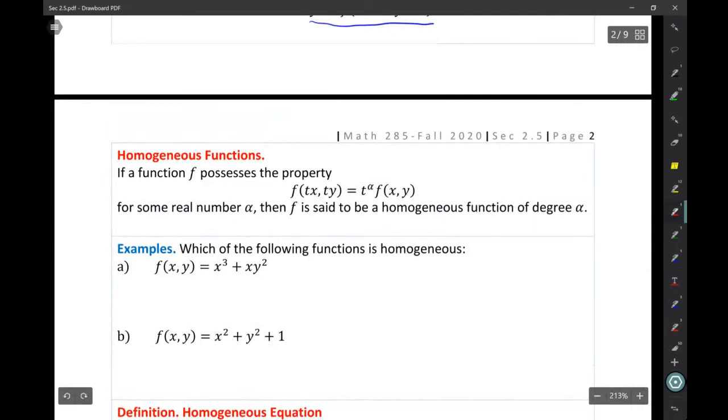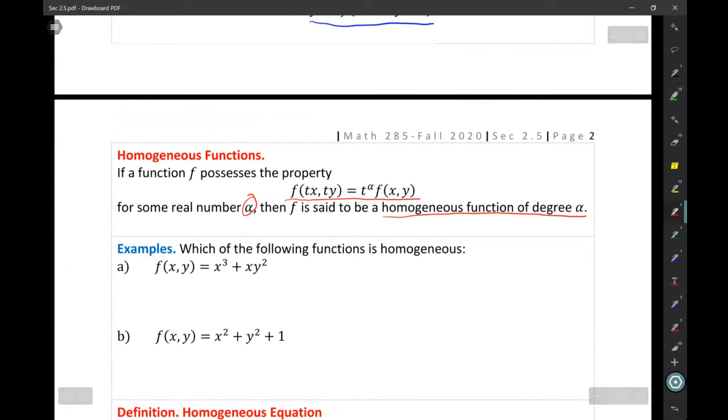A function f possesses the property f of tx ty is equal t to the power alpha times f of xy for some real number alpha is called homogeneous function of order alpha. Here, what does this mean?